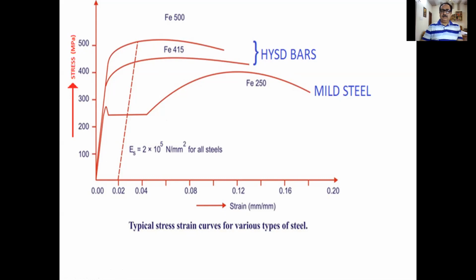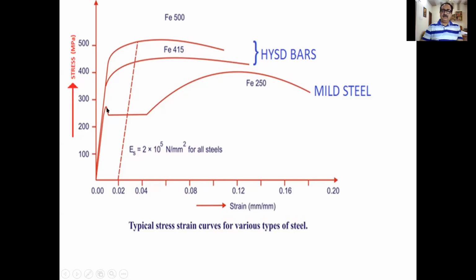After the elastic limit comes the plastic limit, and this goes to the plastic pool, and this is the point from where we can't control the failure of the steel.